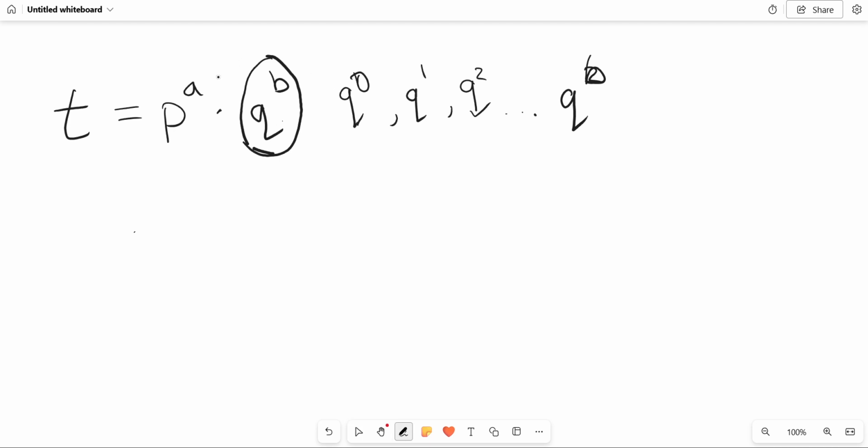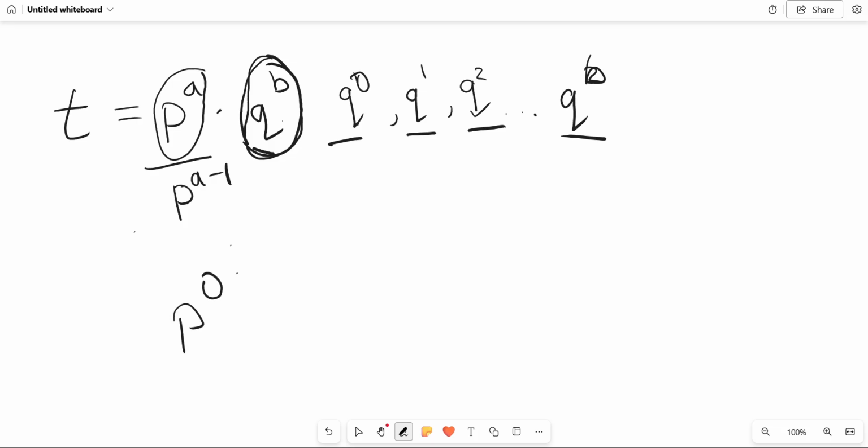So what we can say is that we can multiply p to the a by every single one of these to get a factor. For every single one of the factors of p to the a, we can multiply it by the factors of q to the power of b to get a factor. Of course, we go from p to the 0th power to p to the a-th power, so there are a plus 1 factors of this.